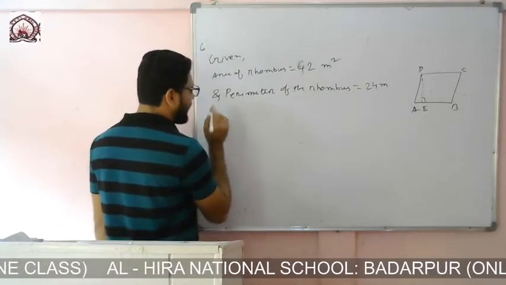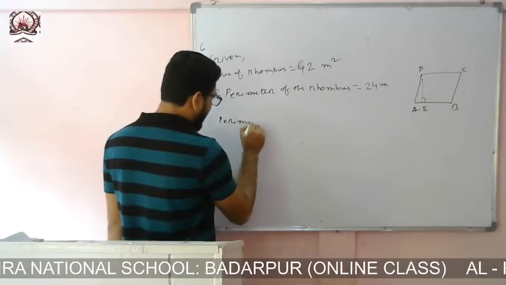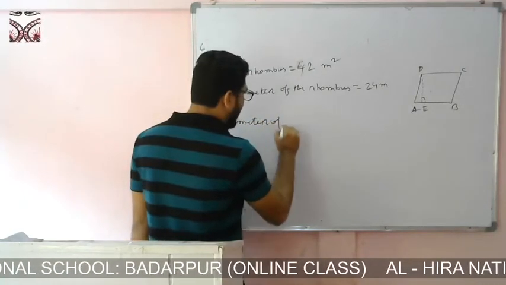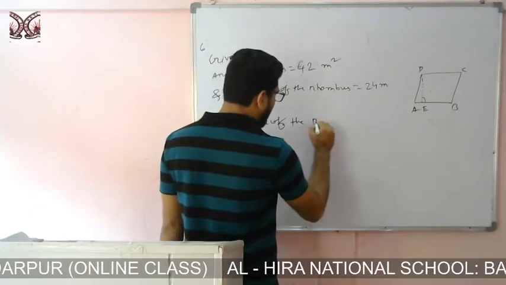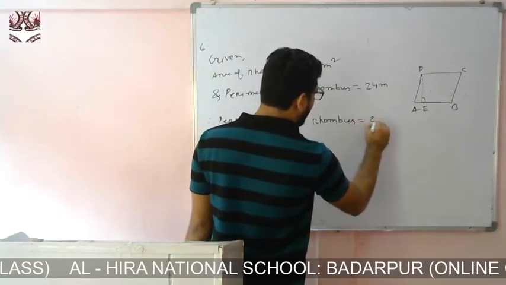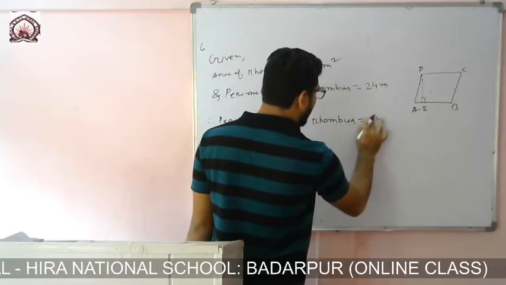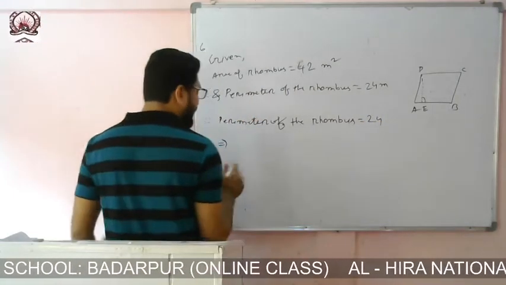Therefore the perimeter of the rhombus equals 24. And we know the perimeter of a rhombus is 4a.